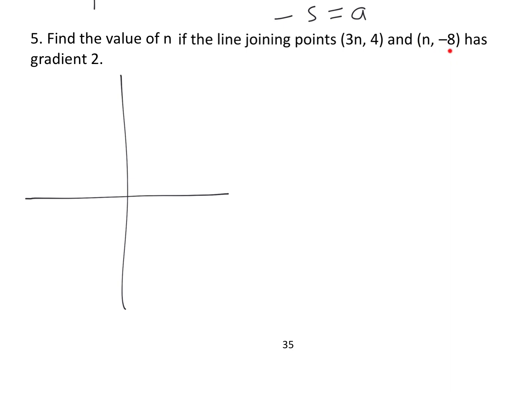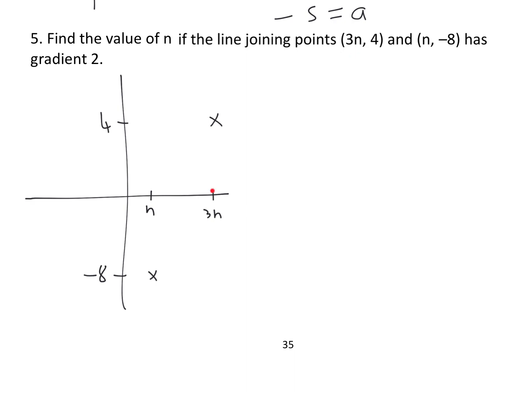So if we start off with the (n, -8) one, let's stick an n here, and then put it down at -8. And then 3n here, and then it shoots up to 4. That would give a positive gradient. So I don't know what 3n and n are. So I made a mistake there. No, I didn't. That's fine.